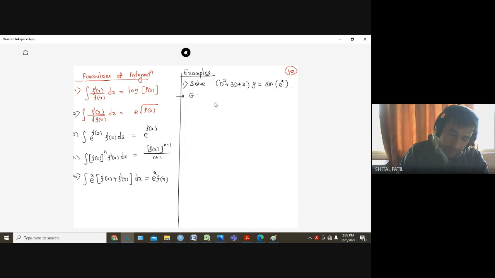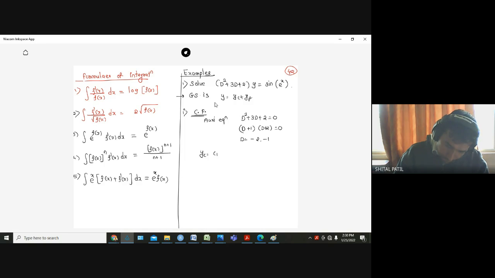Ready? Auxiliary equation, you remember? You can change the order of roots, no any problem.